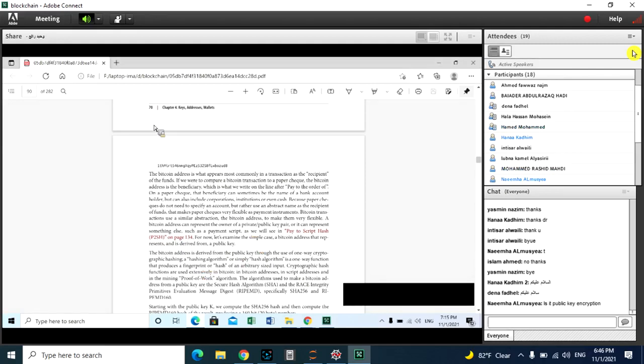So you can read these 10 pages from 62 till I think 72, on public keys in Bitcoin and in elliptic curves.